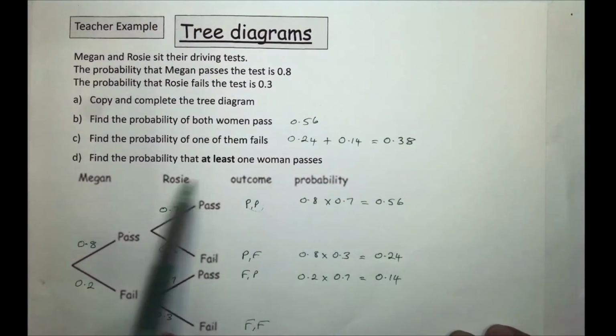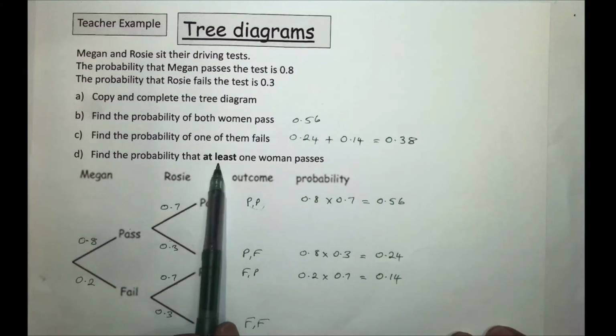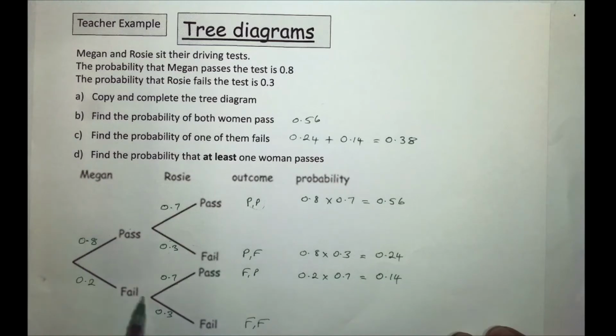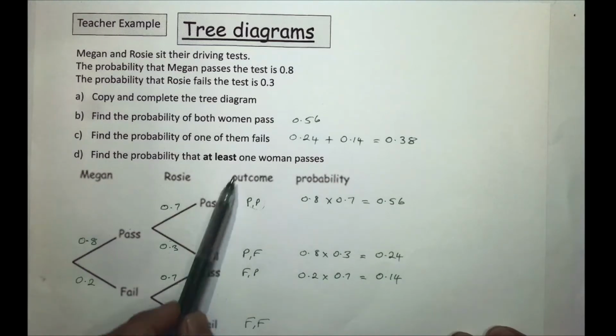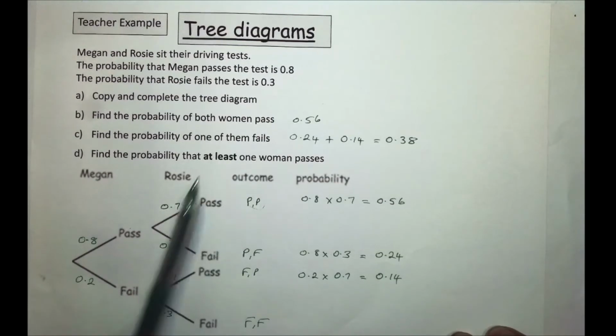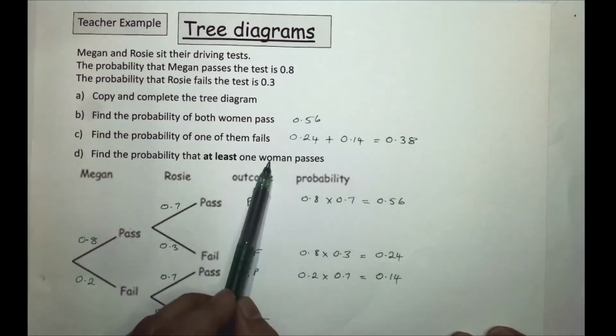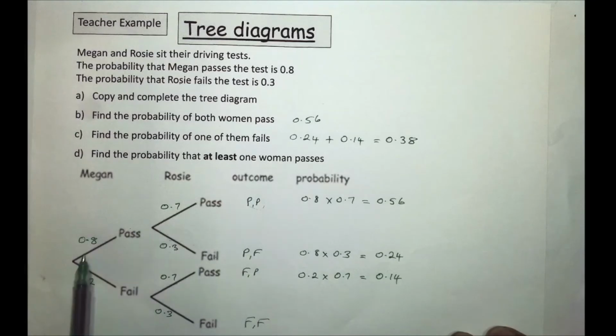And then for the last part, find the probability at least one of them passing. At least means it could be pass fail or fail pass, but that also includes both of them passing. So there are three options there: pass pass, pass fail, or fail pass.